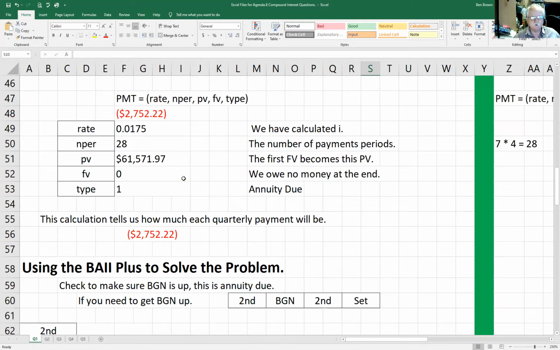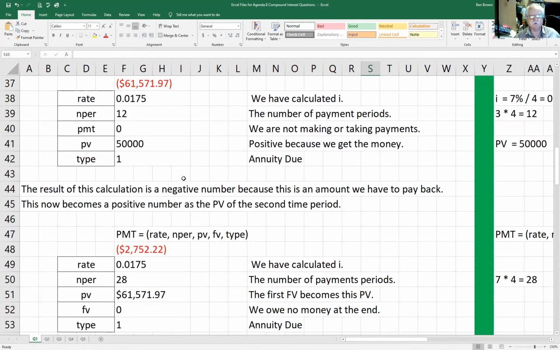When we're dealing with the calculation on Excel, it all depends on this type. When it's an ordinary annuity, this type is a 0. But now it's a 1. And then the computer knows you're dealing with an annuity due.